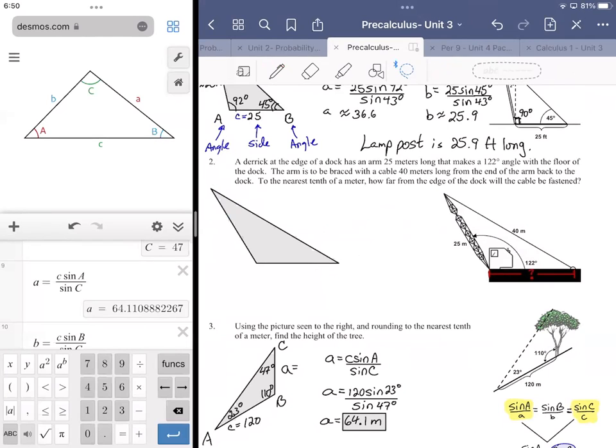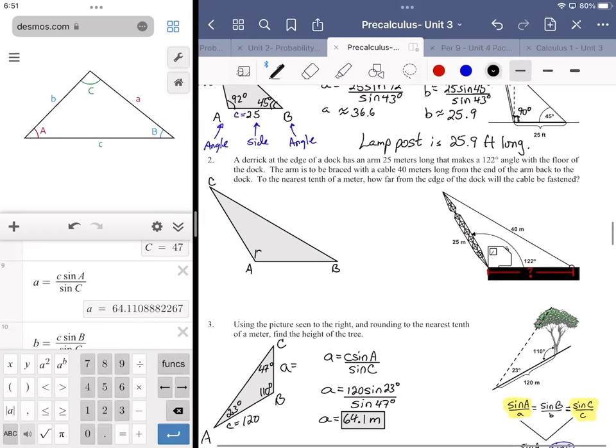It's just, we don't need all the bells and whistles, right? So again, we label it ABC, working from the lower left-hand corner around in a counterclockwise fashion. It's hard to see, but this is a measure of the arc of the angle, and they're saying that that's 122 degrees.